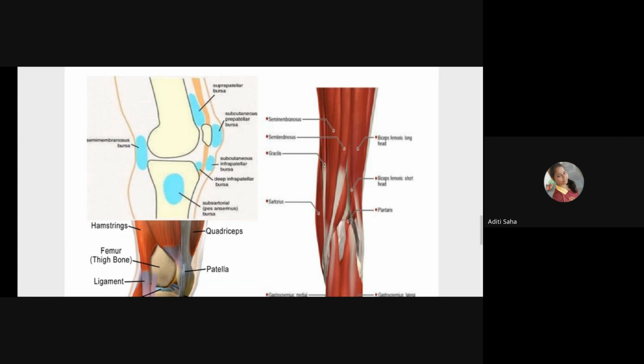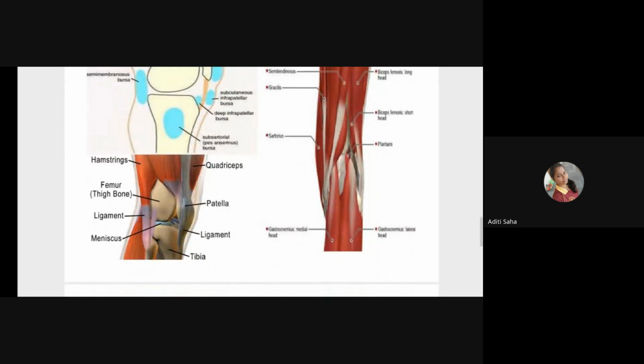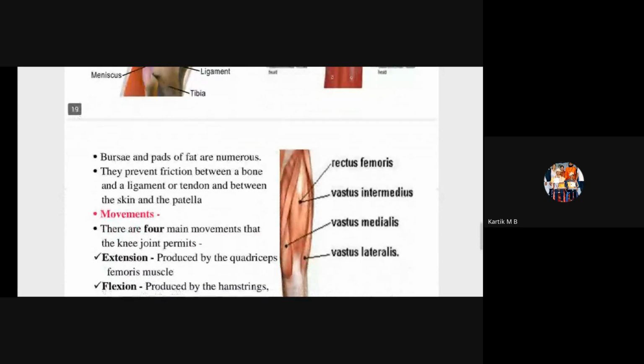They are fluid filled sacs, and you can see in this picture how muscles are joined in the knee: hamstrings, quadriceps, and bones, ligaments, tendons, how they are joined with each other. Right. Go to next. Madam, what are the functions of bursae?